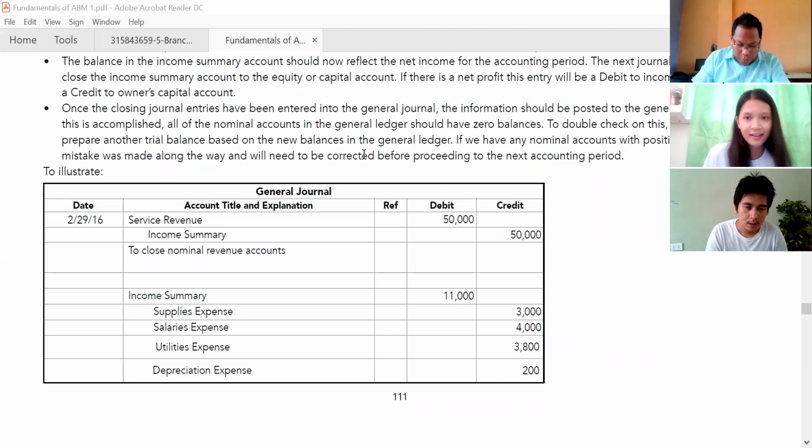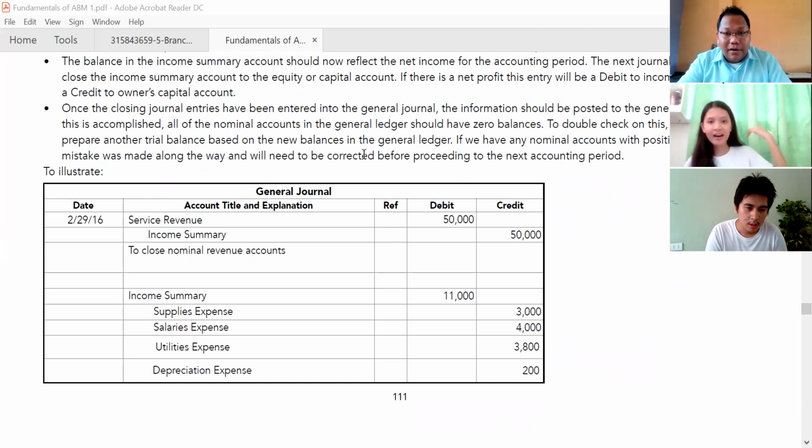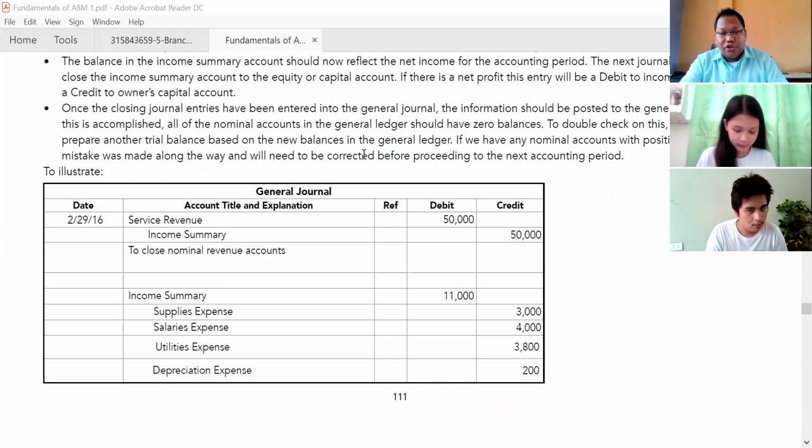Cash? Oh, look, it's an accrued liability. Look at the transaction. Interest on notes payable is accrued. So that's an accrued liability. So what will you put on debit, Nathan?